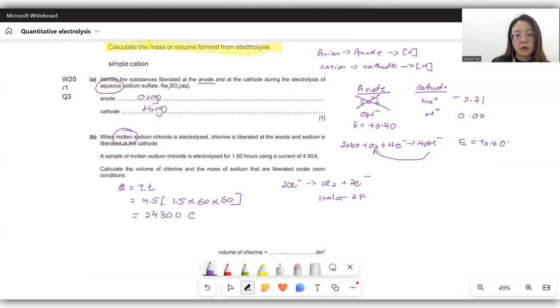It also means 2 times 96500 is able to give you 1 mole of chlorine gas, which is 24 dm cubed. Now, how much quantity of charge have you passed through your electrolysis? You only pass through 24,300. So 24,300 will give me how many moles of chlorine molecule? So let's do a calculation.